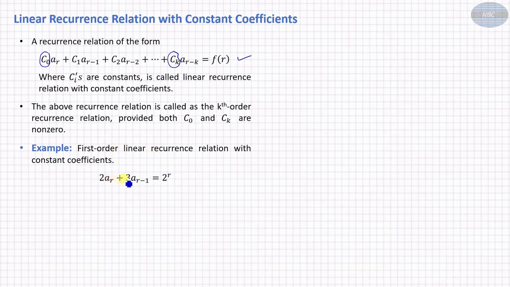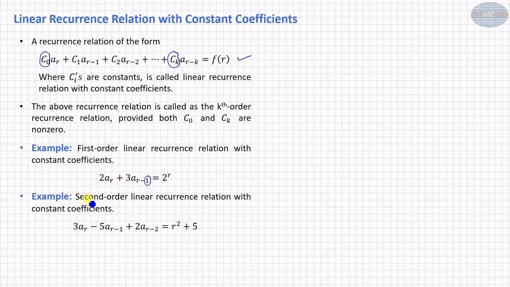It is 2a_r + 3a_(r-1). So here we have C0 non-zero as well as Ck, which is non-zero. You may say this is C0 and this one is C1. That is why it is called the first order linear recurrence relation with constant coefficients.